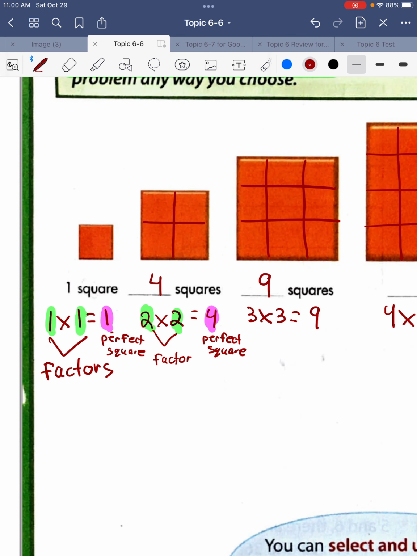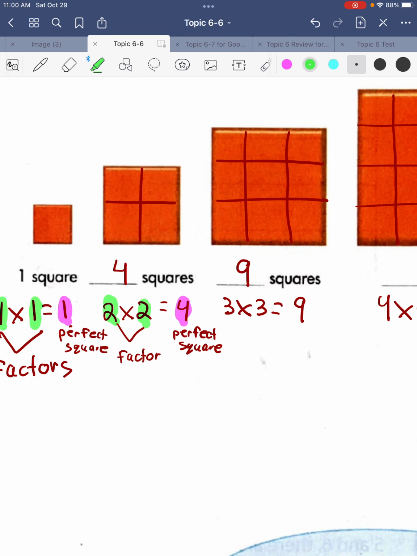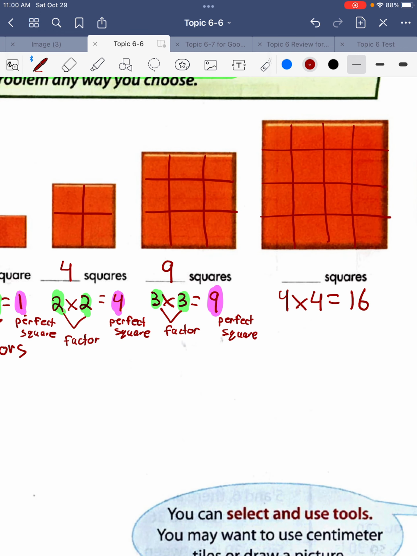My 3's have the same factor, and my perfect square is 9. With 4, again, it has the same factors, 4, and 16 is my perfect square.